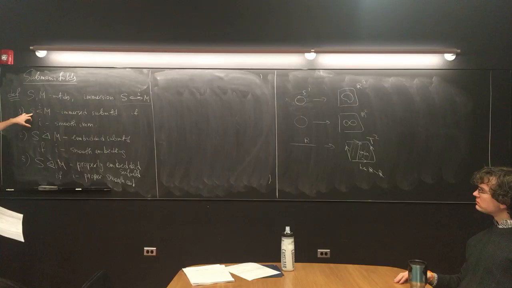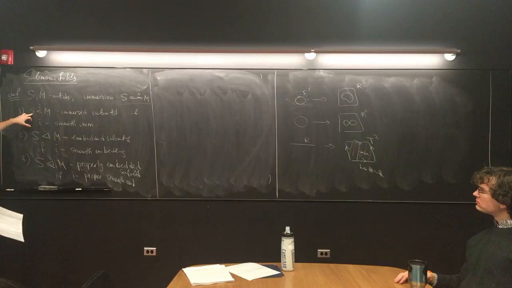Okay. Now, here's the first of a couple of theorems that talk about regular values and level sets of functions in general. This one is called the constant rank level set theorem.